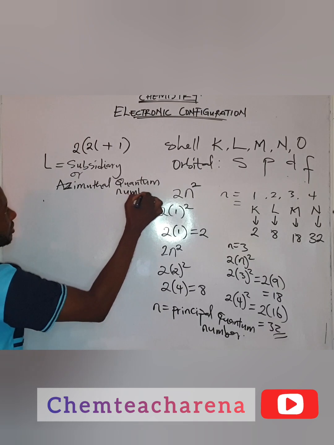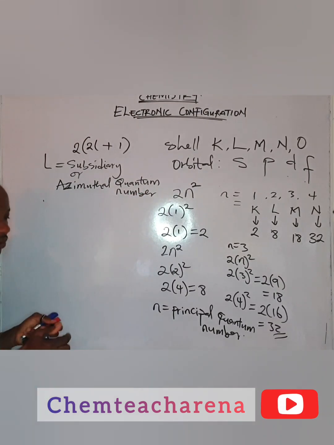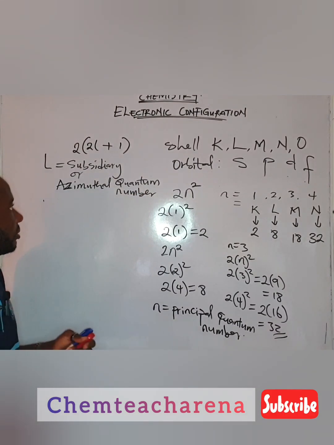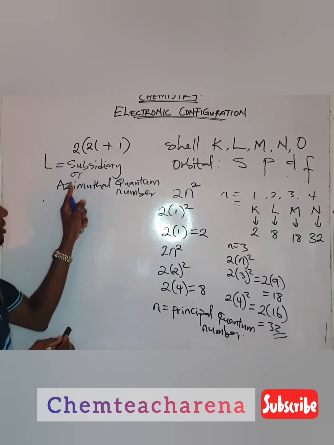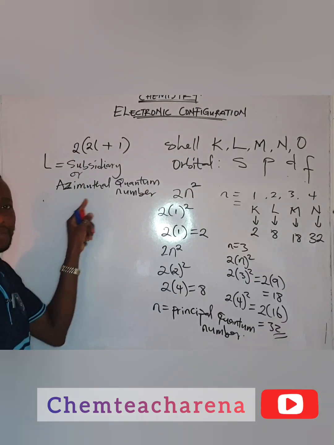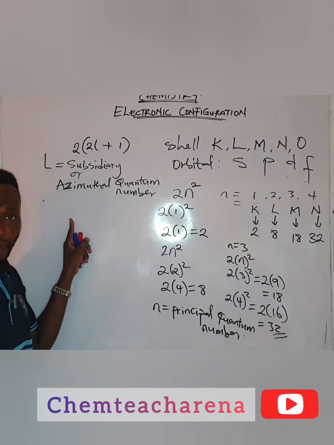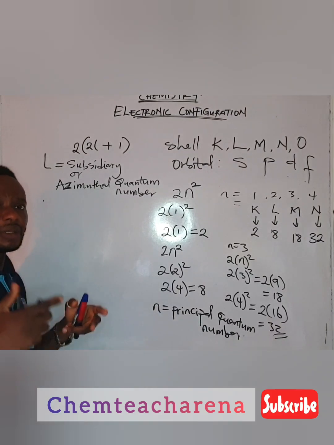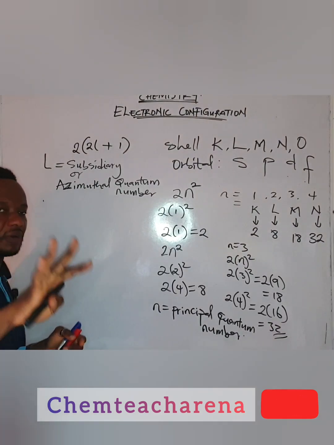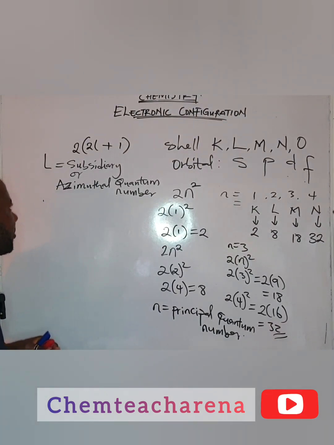Basically, we have four types of quantum number: the principal quantum number, the subsidiary or azimuthal quantum number, the magnetic quantum number, and the spin quantum number. These are the four types of quantum number that we have.